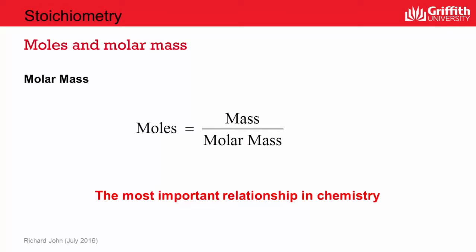And this actually is the most important mathematical relationship in chemistry, and we're going to be using it a lot over the course of our chemistry studies. One thing to remember is never forget the units. The units for moles being moles, mol, the units for mass being grams, not kilograms, and the units for molar mass being grams per mole.